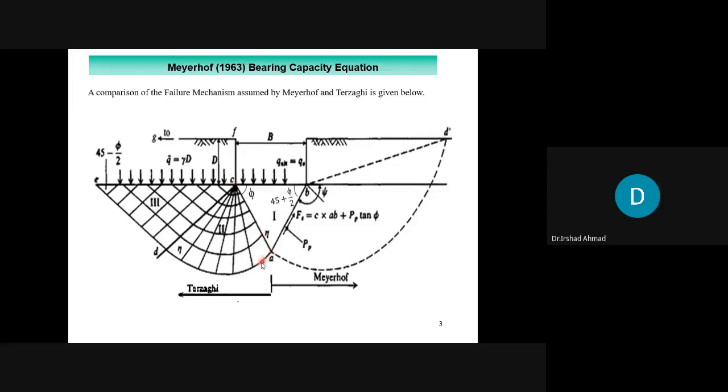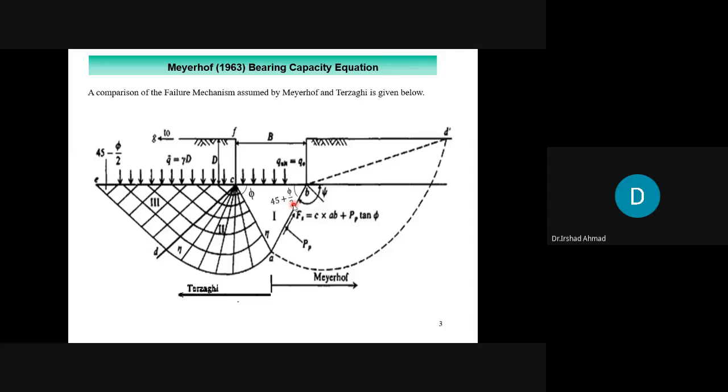This is a log spiral, and then there is a straight line, and the shear planes terminate at the foundation level. They are not assumed to propagate up to the ground surface. They are terminated at the foundation level. And the overburden pressure is taken to be equal to q = gamma D.